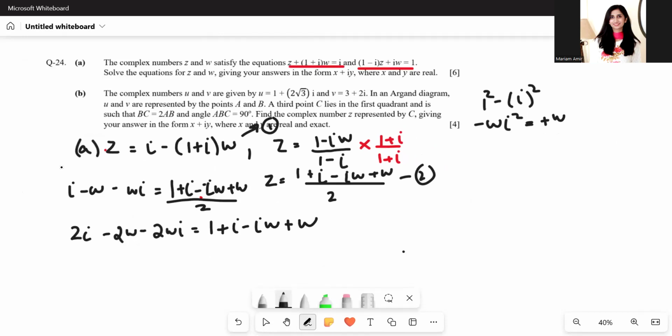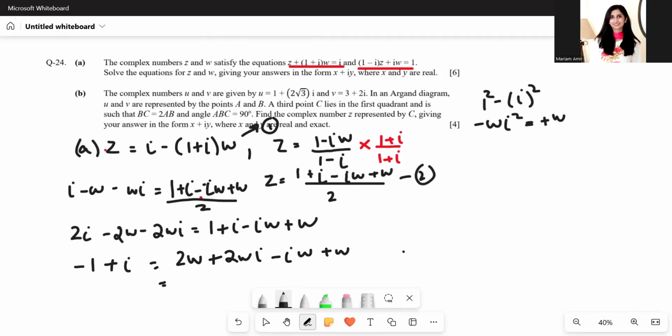So now move the w terms to the same side and the other terms to the other side. So we have -1 plus i here. And on the other side, we have 2w plus 2wi minus iw plus w.